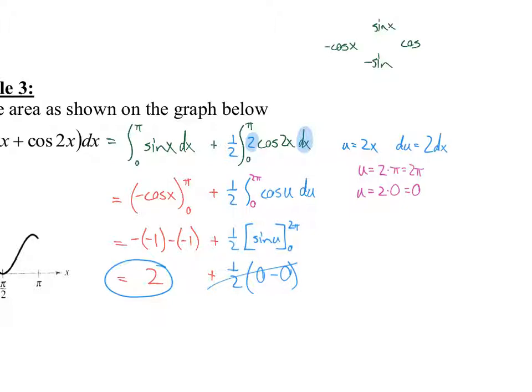Yes, counterclockwise. If we're going this way, we're going integrals. So the integral of cosine is sine. Then we're able to use the 0 and 2 pi. We don't have to plug the 2x back in because we converted the bounds instead. So sine of 2 pi is 0, sine of 0 is 0, so that whole thing came out to be 0.